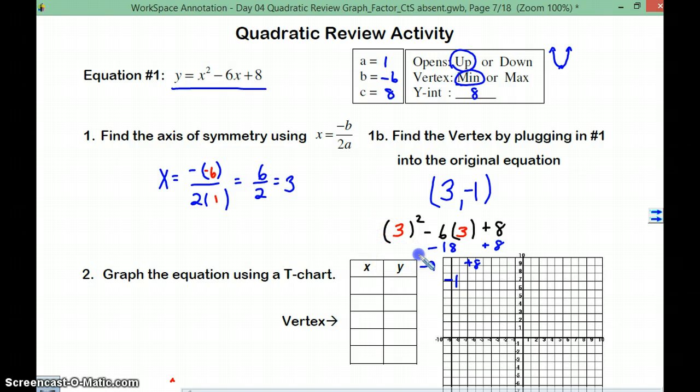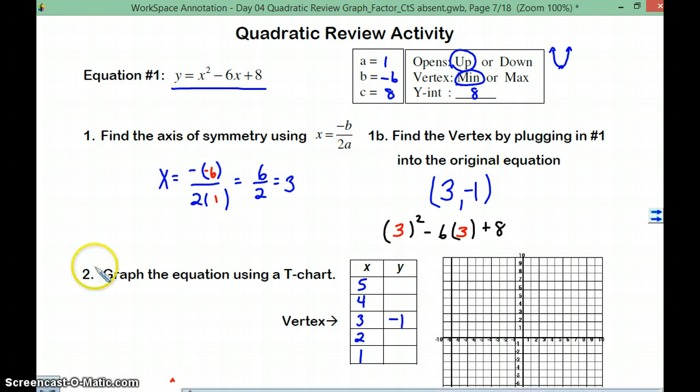All right, let me erase this since it kind of got into my graph. All right, so for the vertex, we'll put the vertex in right here. We've got to go 2 points up and 2 points down on the x-coordinate, on the x-axis. So we're going to go to 4 and 5, 2 and 1. Let's plug in 4.